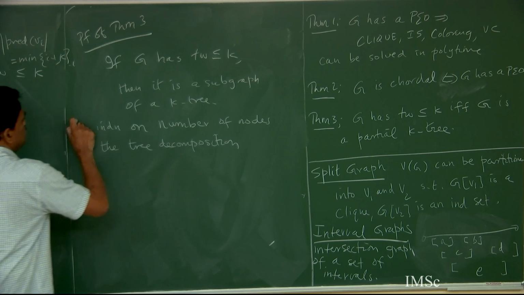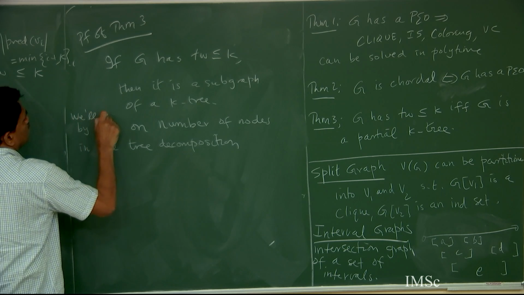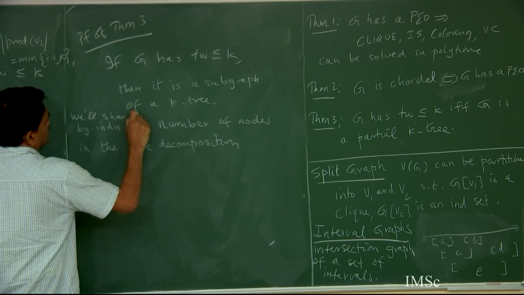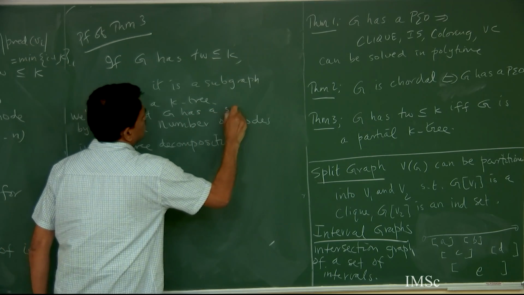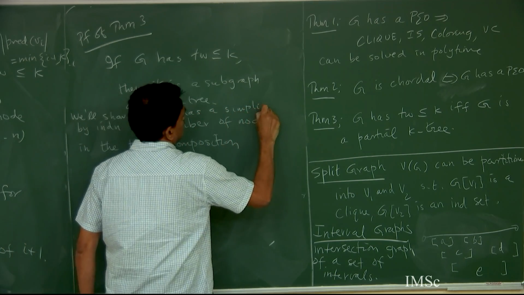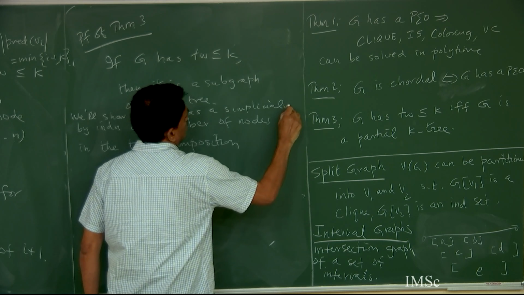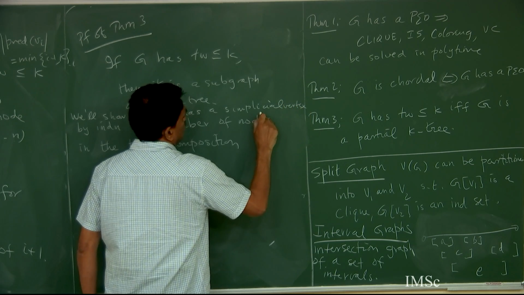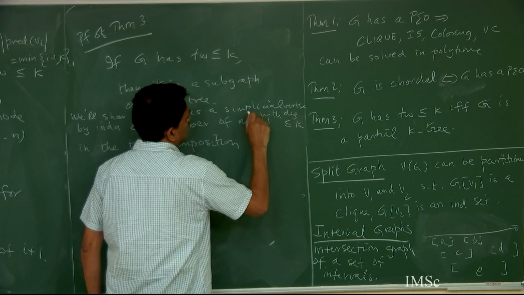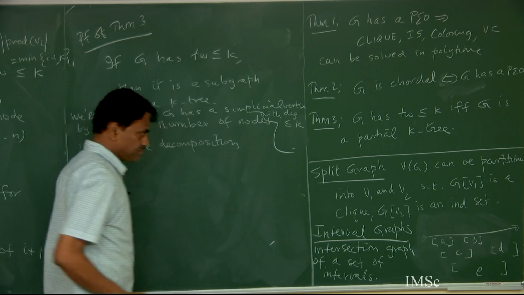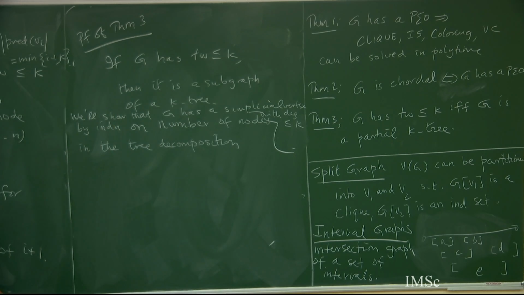So we will show G has a simplicial vertex with degree at most K, with number of predecessors at most K, right.